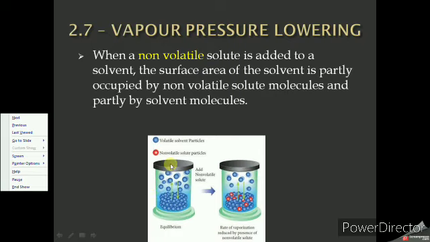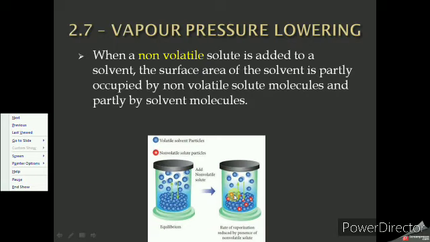If we add non-volatile solute particles, indicated by red circles, to your solvent, the number of solvent molecules at the surface, as in the previous jar, goes on decreasing in the second jar, because a few particles of non-volatile solute replace the solvent particles.